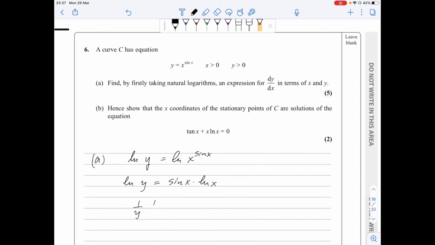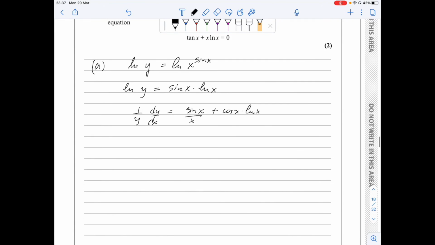So 1/y dy/dx equals sin x over x plus cos x times ln x. I am using the product rule on the right hand side. So dy/dx is equal to y sin x over x plus y cos x times ln x.